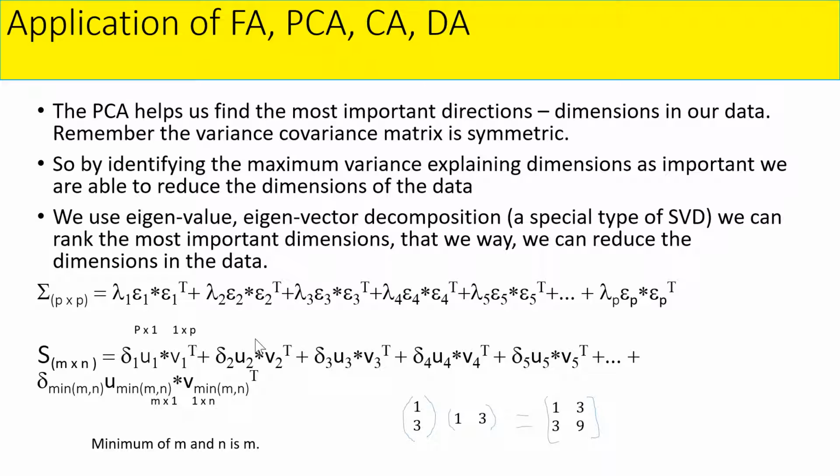First value, lambda 1, the eigenvalue of lambda 1 plus the eigenvector times the eigenvector transpose. This value expects the maximum variation in the data, the maximum variance in the multi-dimensional data.